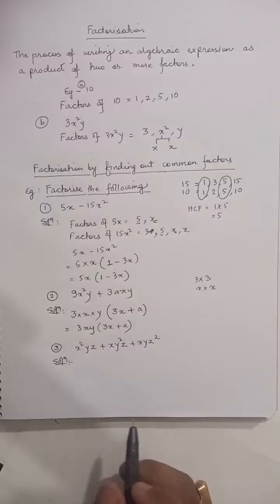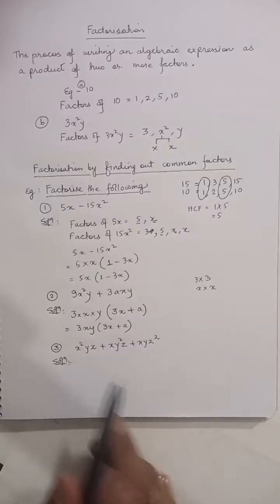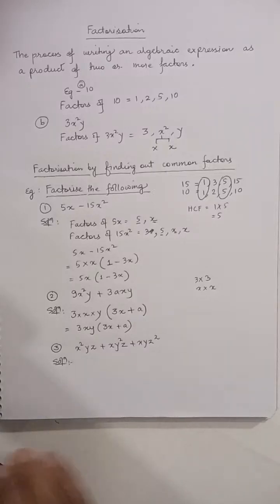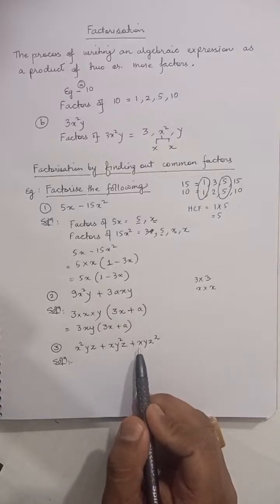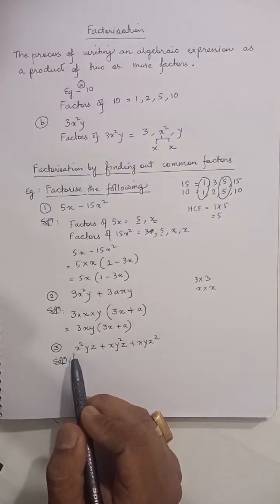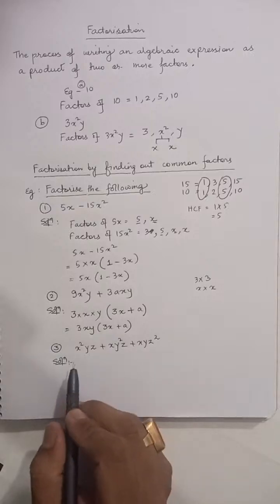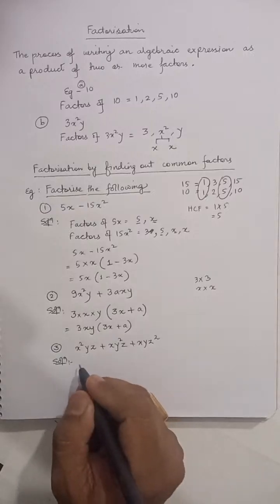So what we see is that in each of the terms we have x, y and z. Let's count roughly: we have x, x, and x squared, meaning we have 2x, so we can take at least one x as a common factor.